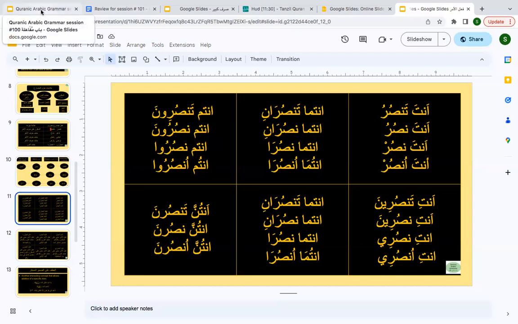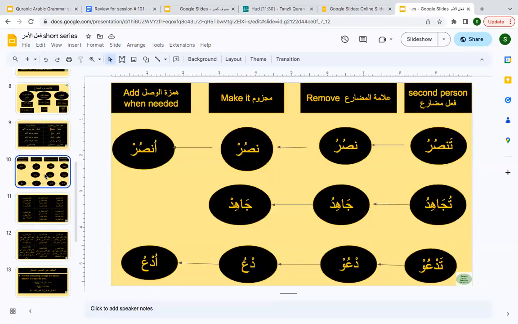But when you see a word like tujahidu, if I make an amr from tujahidu, and if I remove alamatul mudari and make mudari majzoom, do I need to add something here after I'm at this stage jahid, or can I still pronounce the word without adding anything?